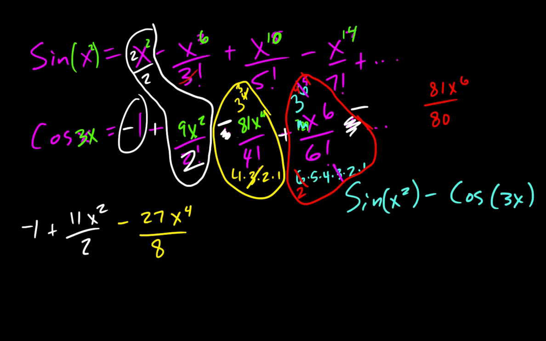And so this bottom is 3 times 2 times 1, and so that's a 6. And so we subtract x to the 6 over 6. Now, we want to find common denominators. So this is going to be 2 times 40. This is 2 times 3. So this one needs a 3, and this one needs a 40.